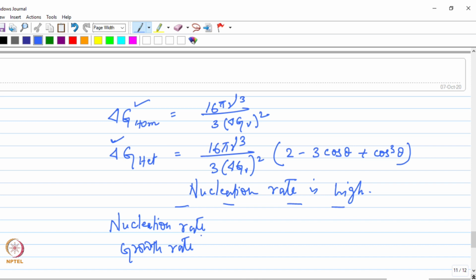So which one will prevail would decide the grain size. If the nucleation rate prevails over the growth rate, then it will be a finer grain size. And if the growth rate prevails, then it will be coarse.